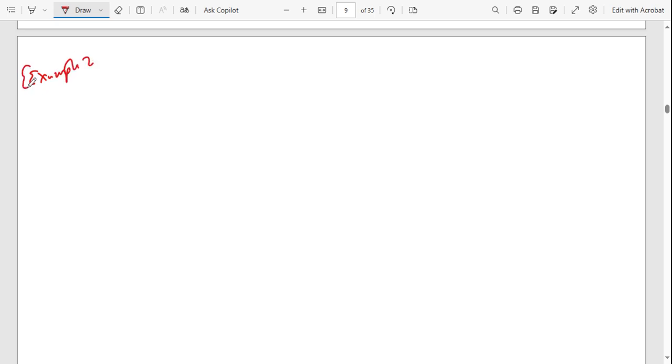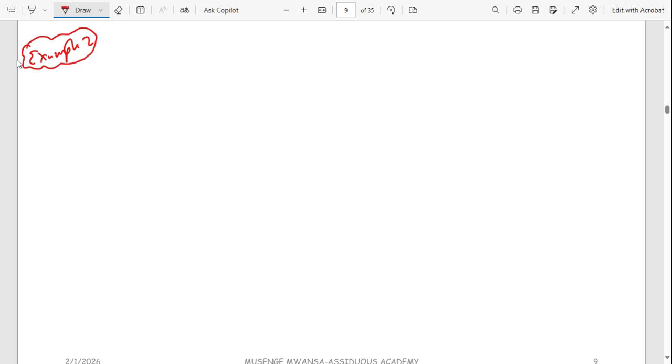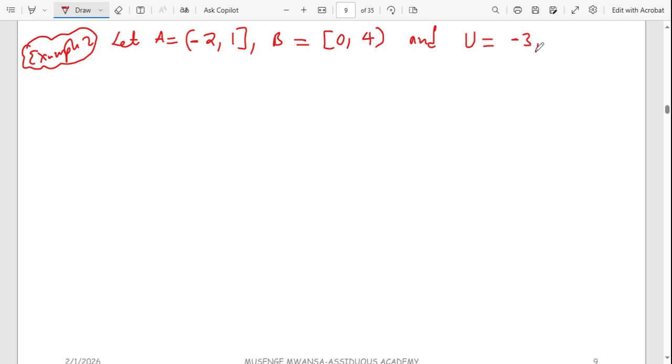Example 2. So we are going to have, let A be equal to negative 2 comma 1, and then B be equal to, let's say, 0 comma 4, and the universal set U be equal to negative 3 comma 5.